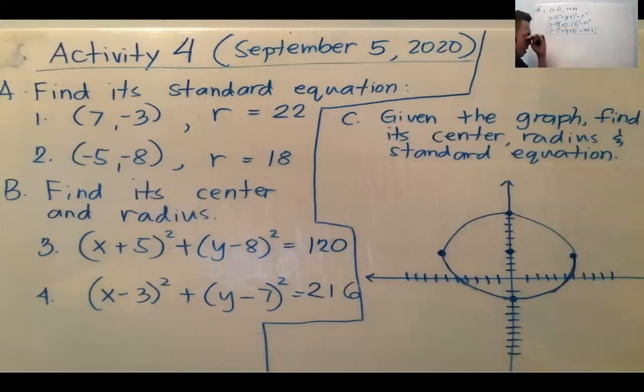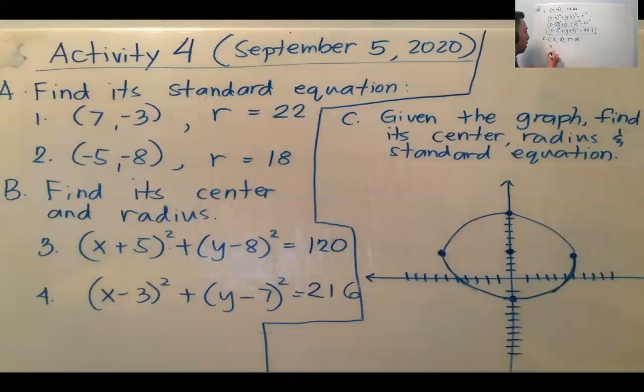Okay? Number 2 tayo. Number 2, we have negative 5 and negative 8. And we have the radius of 18. Yan. So same process, we will just put those numbers inside our equation.